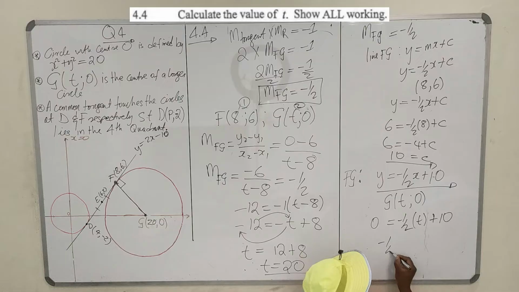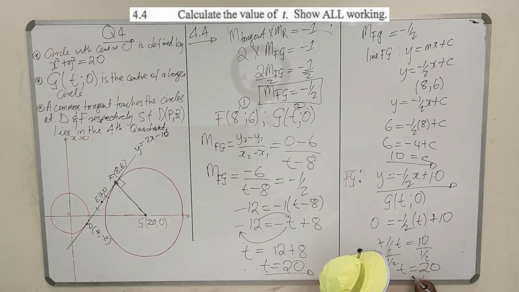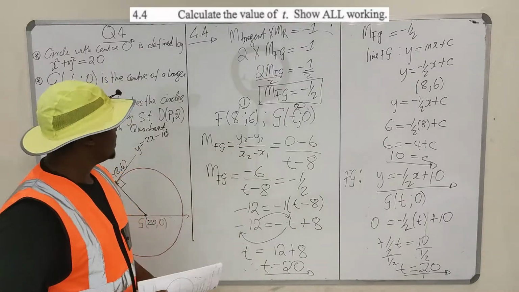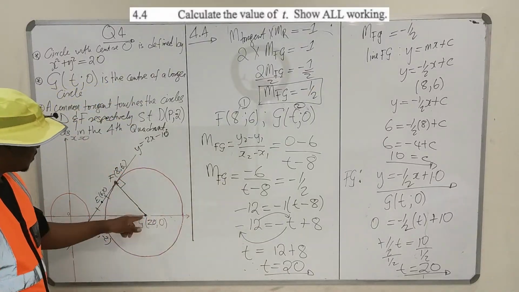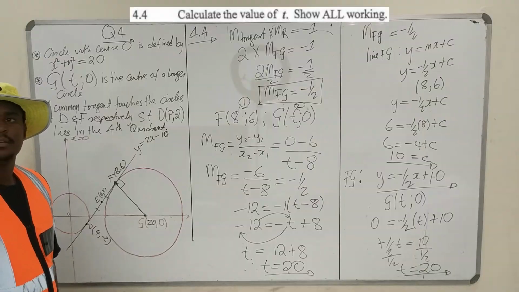So half of t is equal to 10, and dividing by half, you get that t is equal to 20. So this is another way you could have done it. You just need to find the equation of this line, substitute those coordinates and find the value of t.